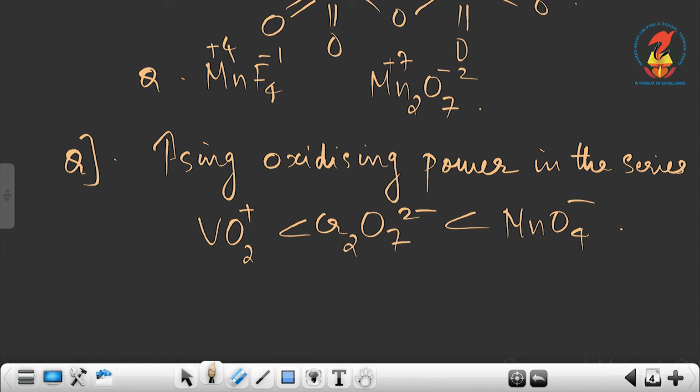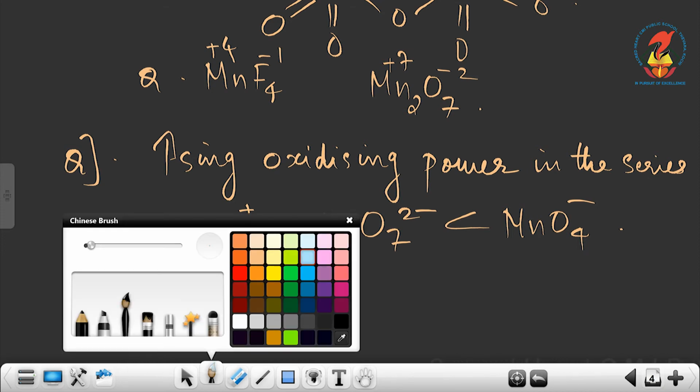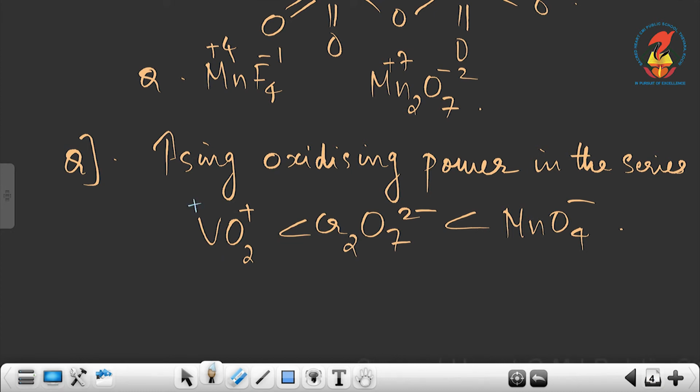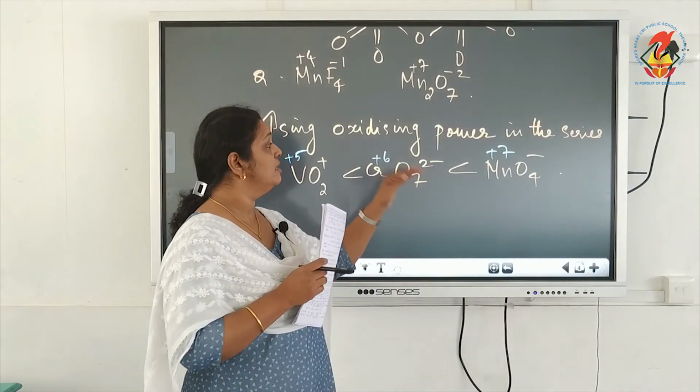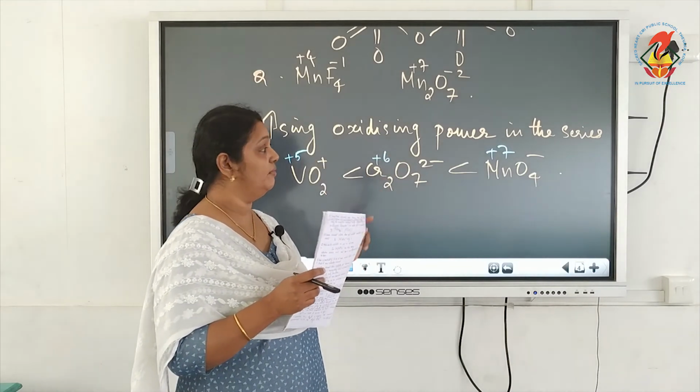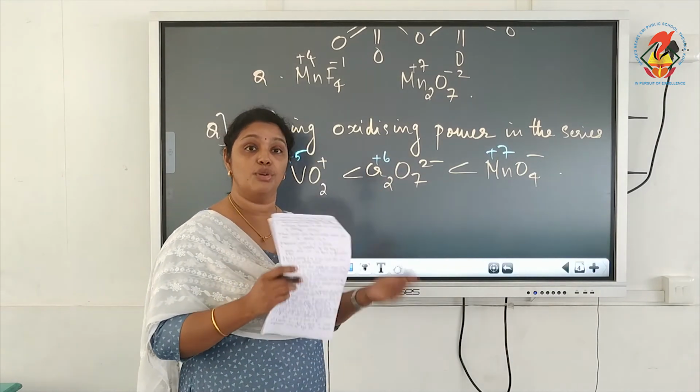First, let's write the oxidation number of each element. In VO2+, vanadium is in +5, in Cr2O7 2-, chromium is in +6, then in MnO4-, manganese is in +7. So an increasing order is given, which means MnO4- is the strongest oxidizing agent. Why does MnO4- act as the strongest oxidizing agent?